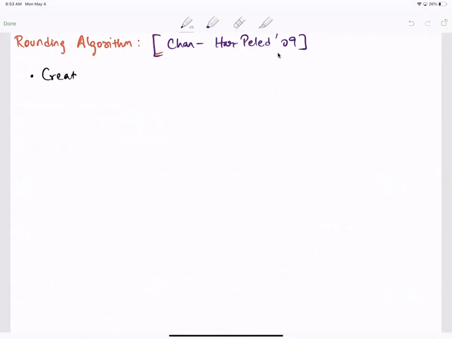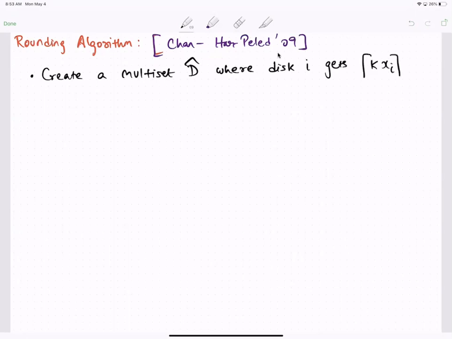Create, as I said, a multiset D prime where disk i gets ceiling of k xi copies. The linear programming formulation will assign some xi value to this disk.